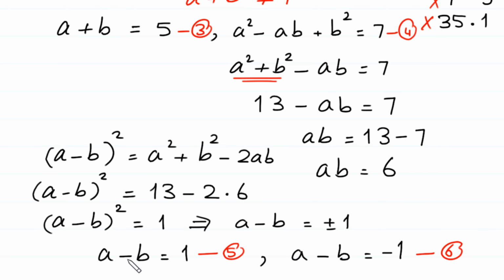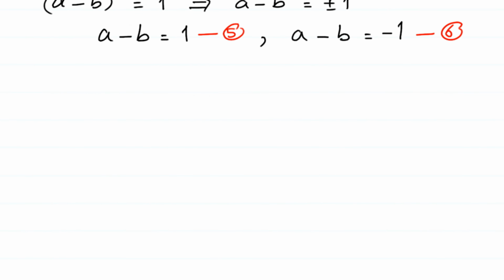Now to find the values of a and b, we add these two equations, equation 3 and equation 5. In equation 5 we add equation 3, that is a plus b is equal to 5.